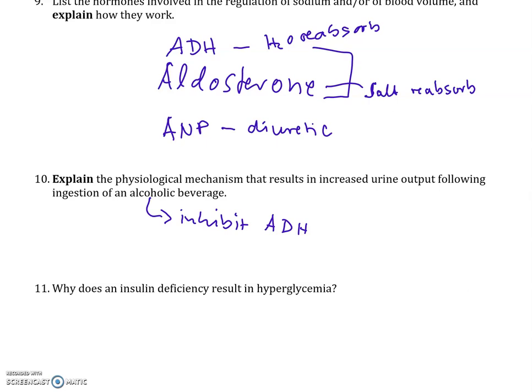So if you are drinking alcohol, it will inhibit ADH, and you're going to have increased urine output. And that can lead to a hangover, dehydration, headache. So what you should always do is make sure when you drink alcohol that you drink a sufficient amount of water with it to save yourself the headache.